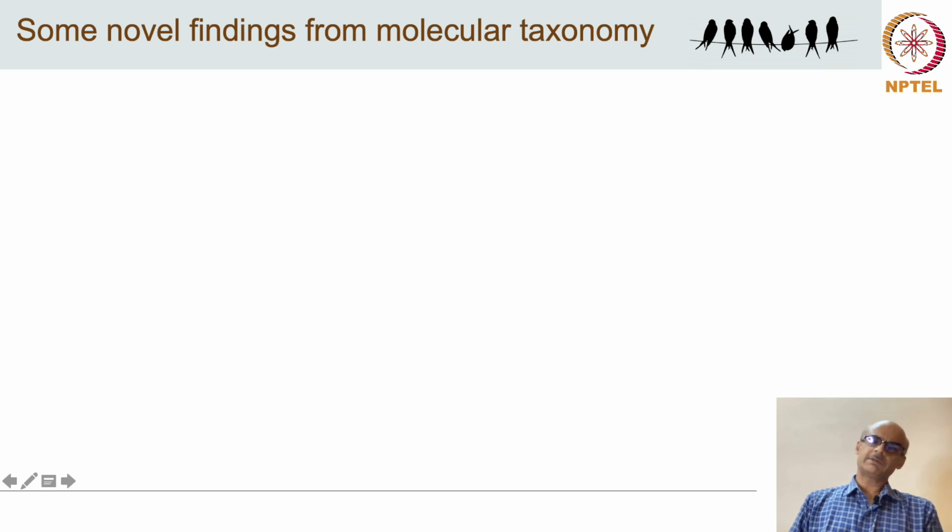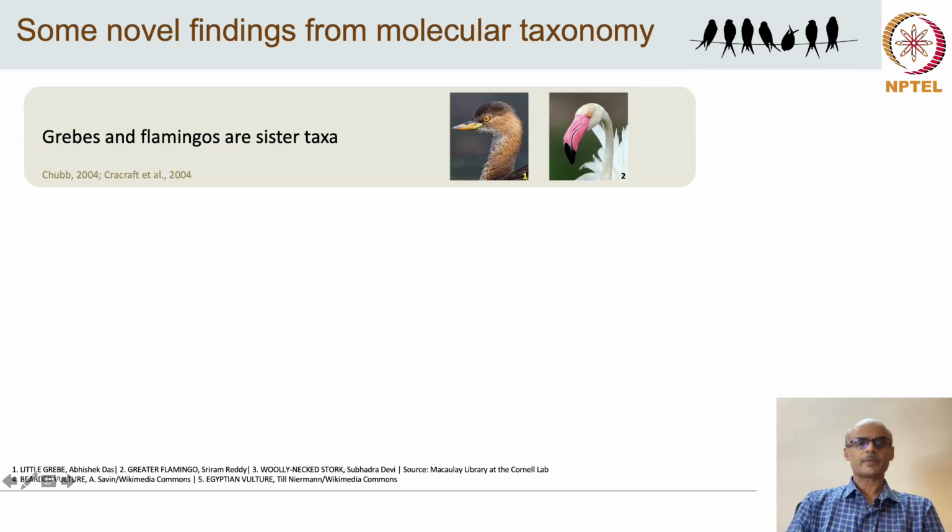We will now see some of the novel findings from molecular taxonomy. Traditionally, we used morphological taxonomy and comparative anatomy to classify birds. But in the last three decades, molecular taxonomy has thrown up several new findings, and we will see some of them with particular reference to Indian avifauna.